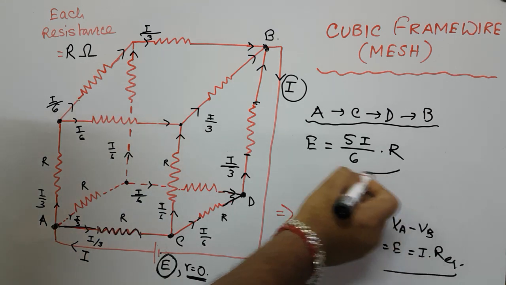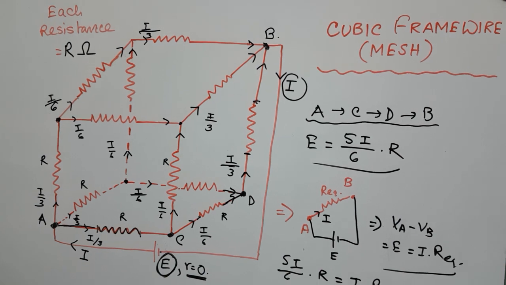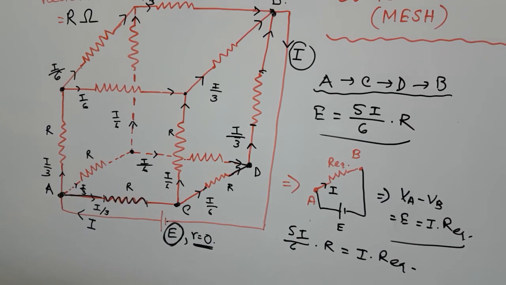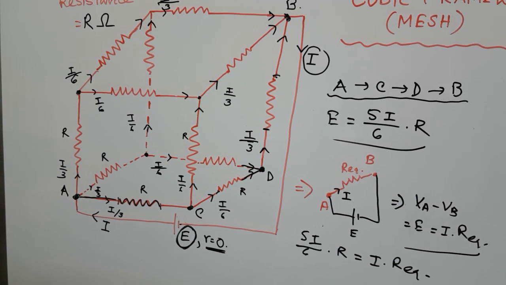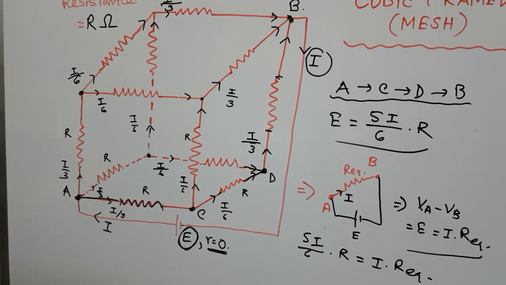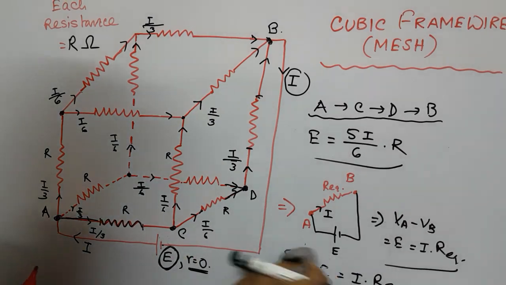Comparing this equation and the earlier one, we can write 5I by 6 into R will be equal to I into R equivalent, because both are equal to E, the EMF of the battery.